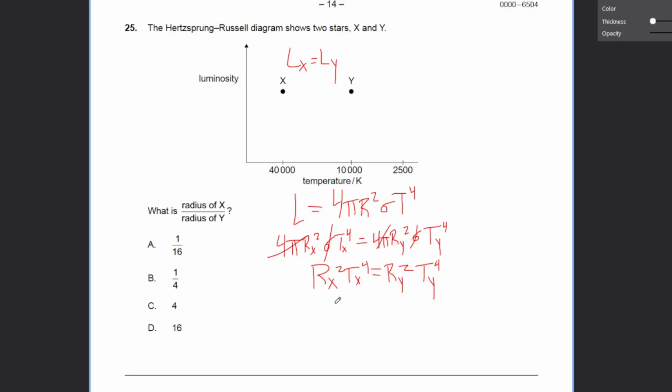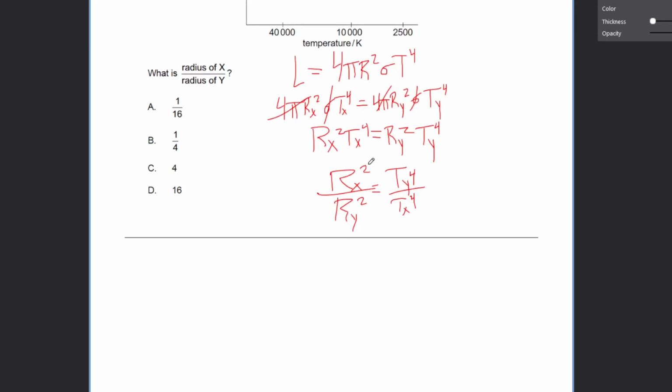And we can rearrange this to have r sub x squared over r sub y squared, and that is equal to T sub y to the power of 4 over T sub x to the power of 4.